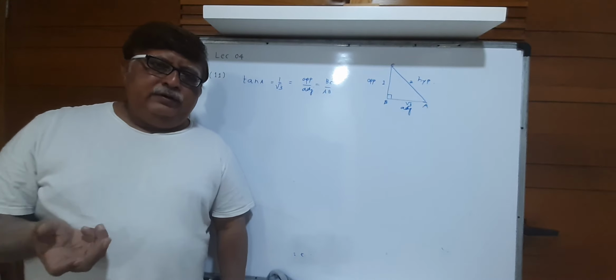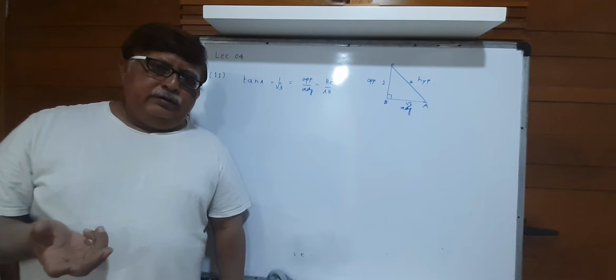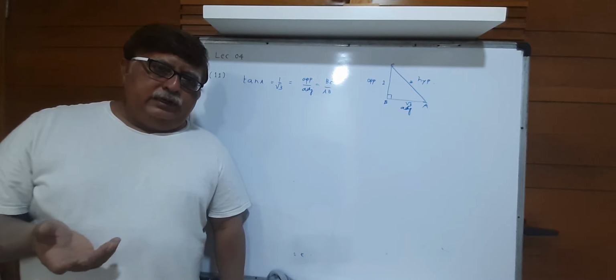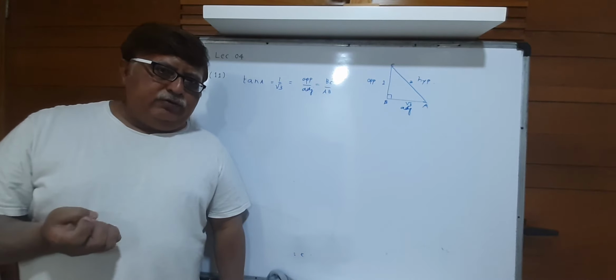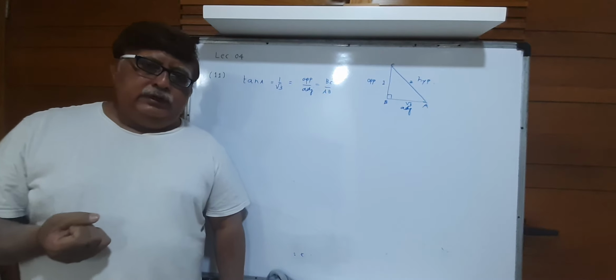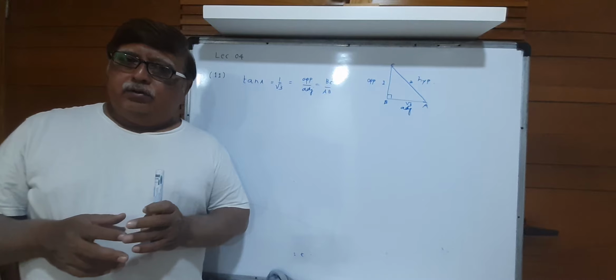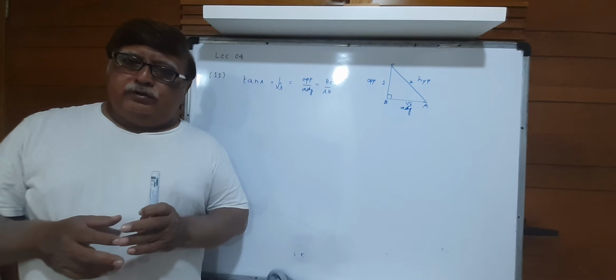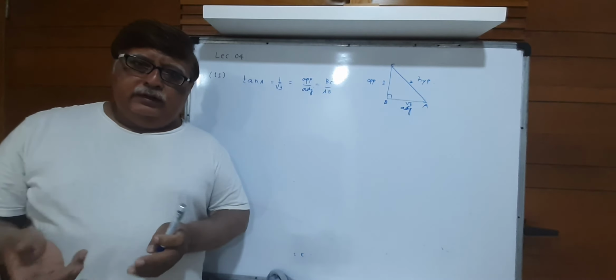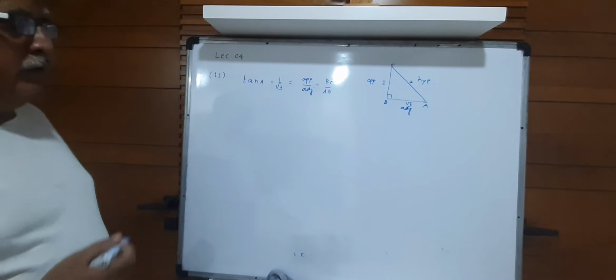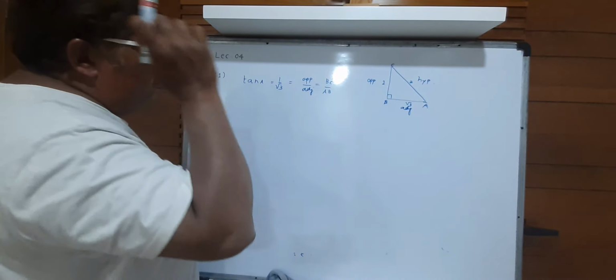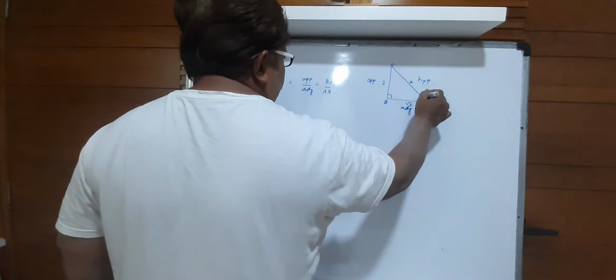Why find cot A, sec A, cosec A when they are not in actual demand of the sum? You just want sin A, cos A, cos C, sin C. That is what you want. Now, dear student, concentrate very much.